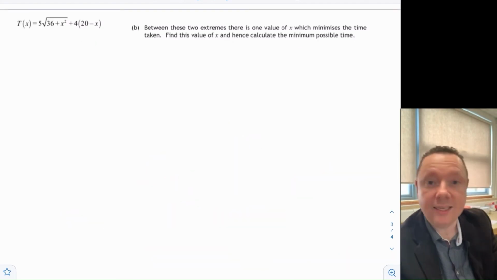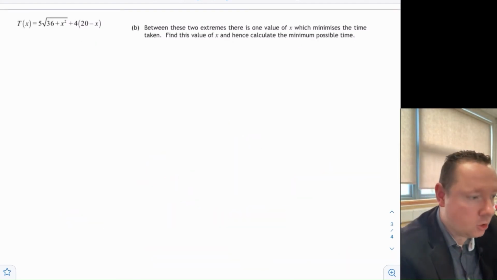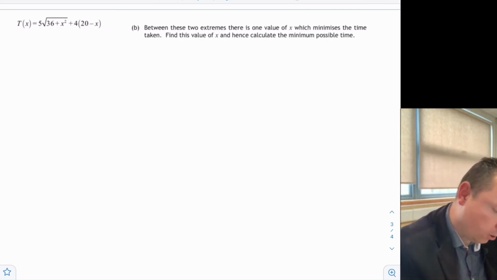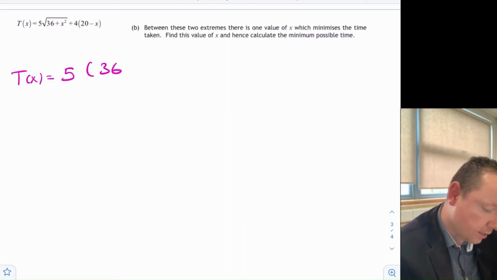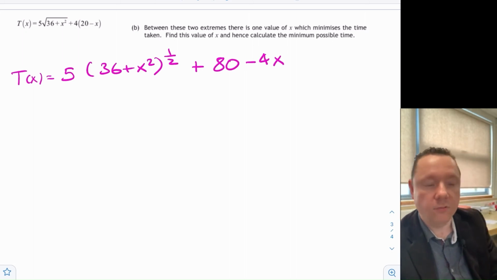So step 1, I need to get it ready to differentiate. If we look at our t of x, we can turn the surd into a power. So that's 5 times 36 plus x squared to the power of a half, plus 80 minus 4x, just by multiplying out the bracket.